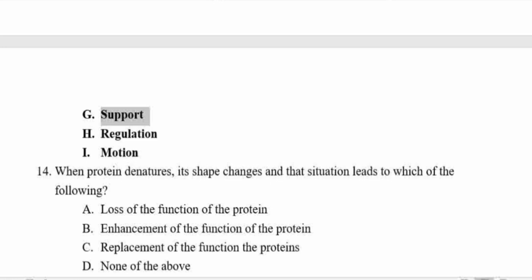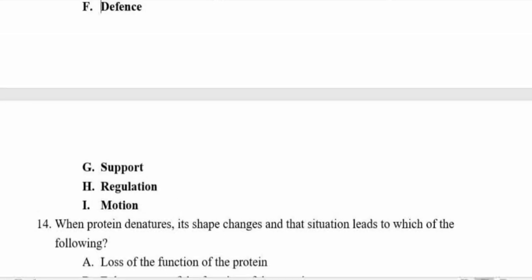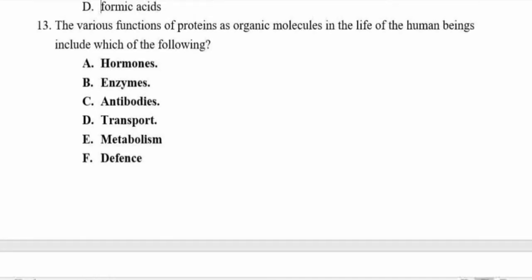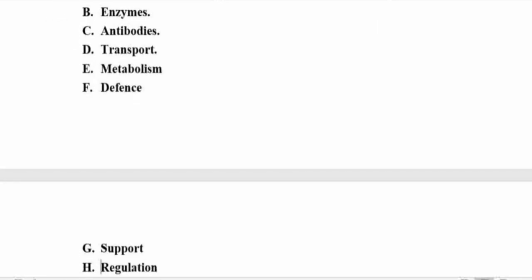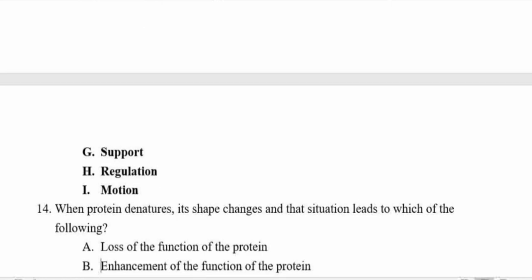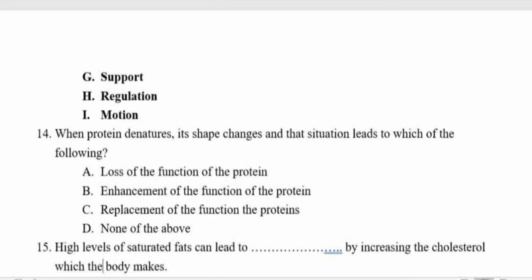The keratin makes up the nails and the hair, and then collagen will lend support to your skin, your tendons, and your ligaments. It means that all the options that we have are functions of proteins as organic molecules in the life of human beings.